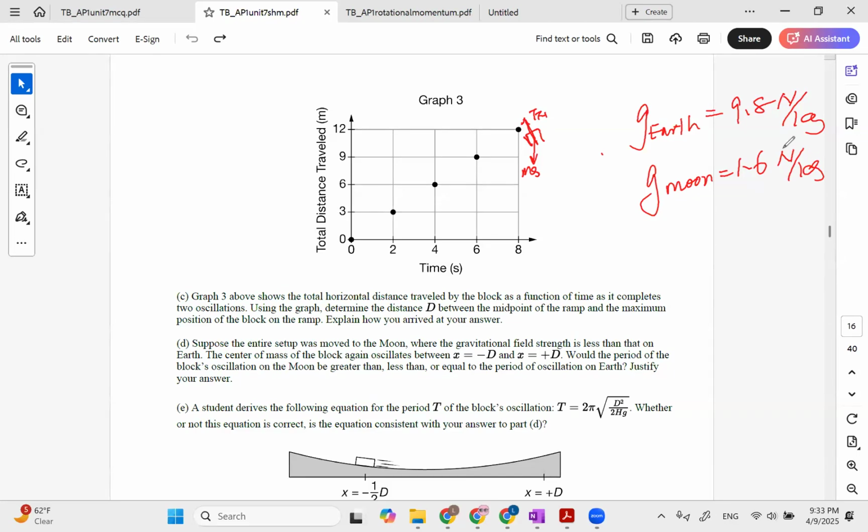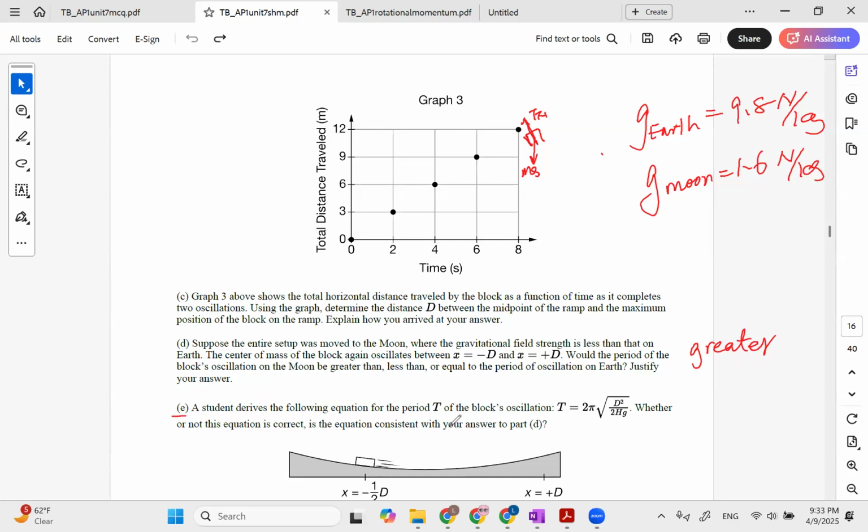So in this case, when you go to the moon, the period will be greater. Why? Because g is getting smaller, so the acceleration is smaller, the average speed will be smaller. But it's going through the same distance, that's why it will take a longer time. The period is greater. Good.